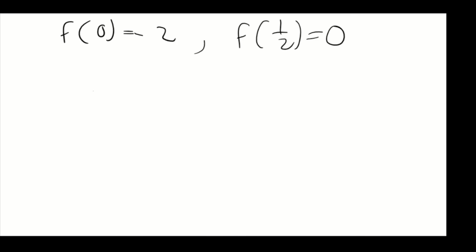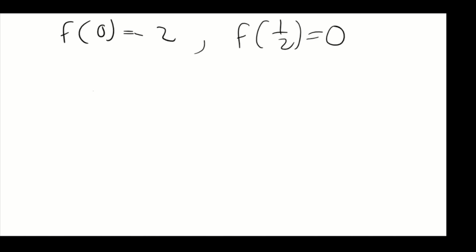We are told that f of 0 equals minus 2, so this is the y-intercept. We're also told that f of 1 over 2 equals 0, so this is the x-intercept, when y equals 0.